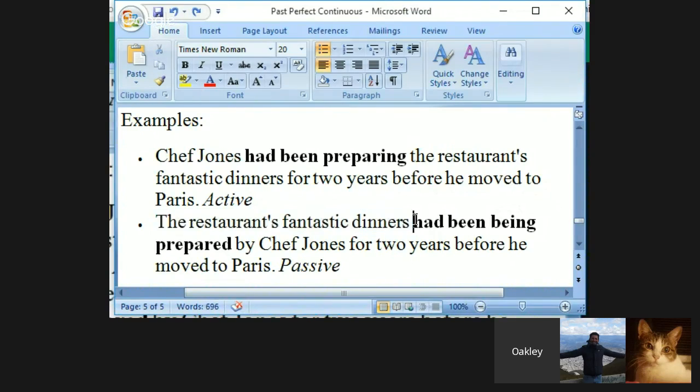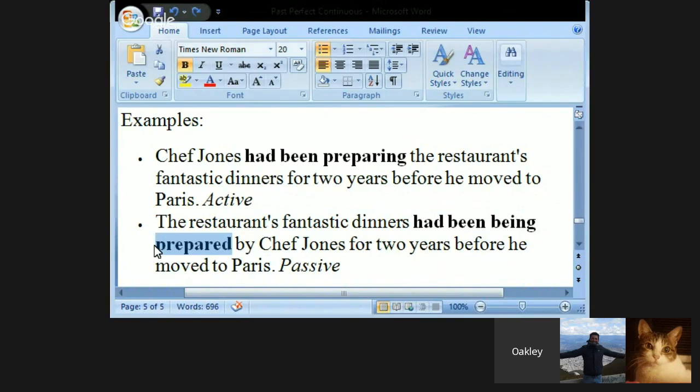Okay, let's look at the actual construction of the passive. Very similar to the active. In the passive, all passives, whenever you form a passive, remember that the action is happening to the subject noun instead of the subject noun doing the action. The action happens to the subject noun.